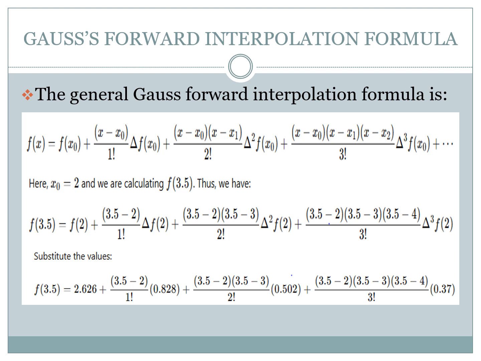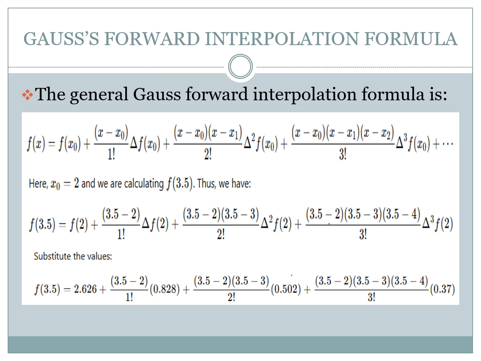So that is x value is 3.5 and x naught value is 2, and also we found delta f of x naught, delta square f of x naught, and delta cube f of x naught. Just we have to substitute these values in this formula.